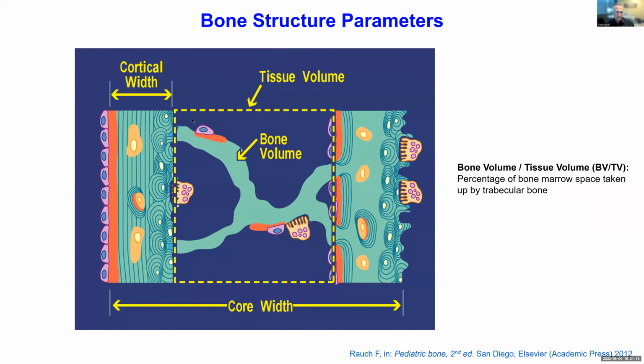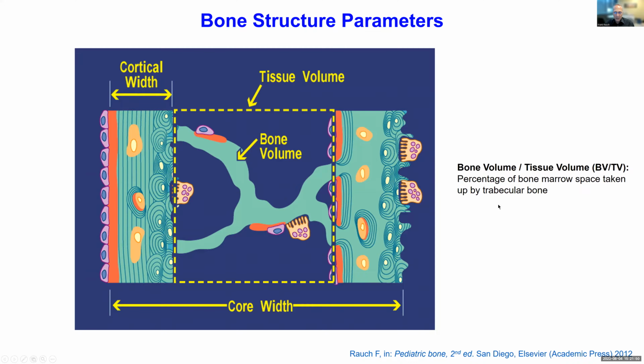And then one of the most important measures from the structural parameters is how much trabecular bone there is. That's the bone volume relative to the entire volume of the bone marrow space, which is called tissue volume. So this relationship, bone volume per tissue volume, is similar to what we measure as bone density in trabecular bone. And that's abbreviated as BV/TV.